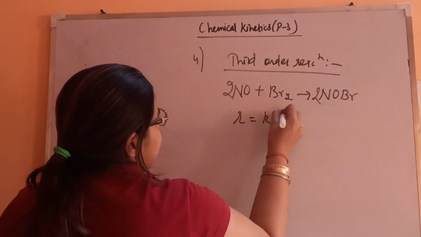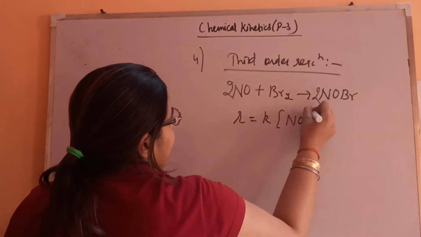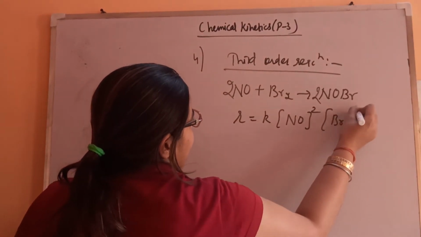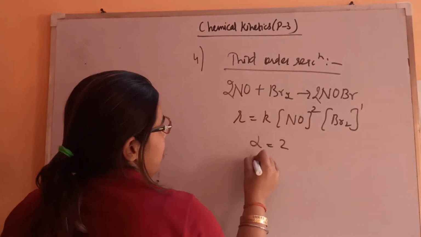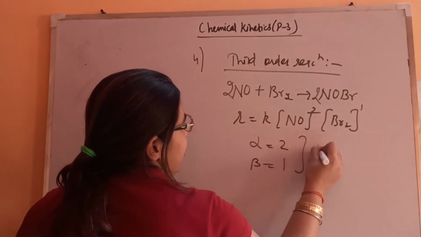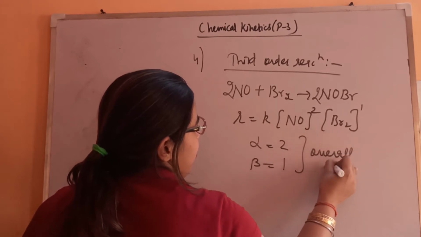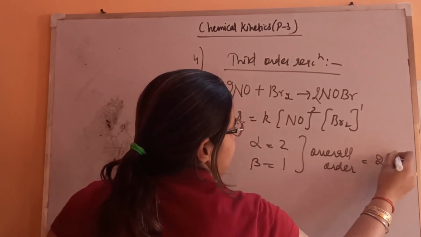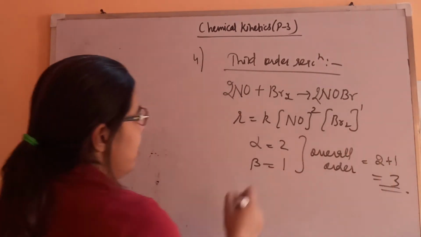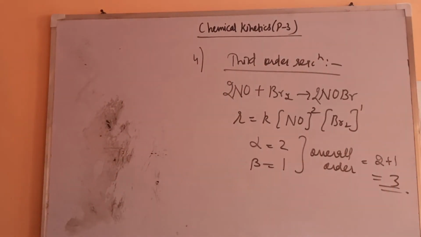So the rate is K[NO]^2[Br2]. With respect to this one, you can say alpha is 2, beta is 1, so the overall order is 2 plus 1, that is 3. So this is the order of the reaction.